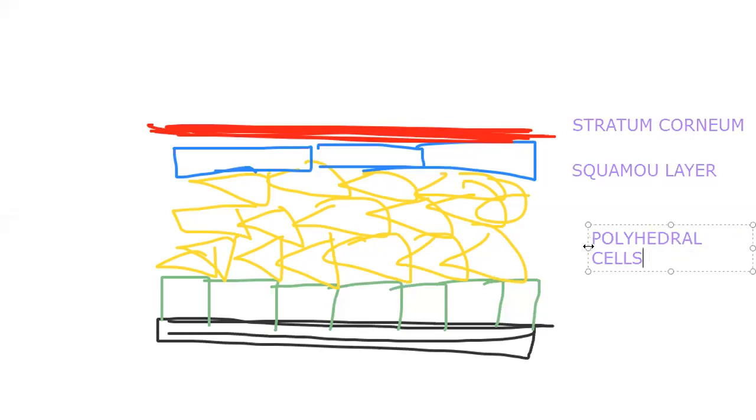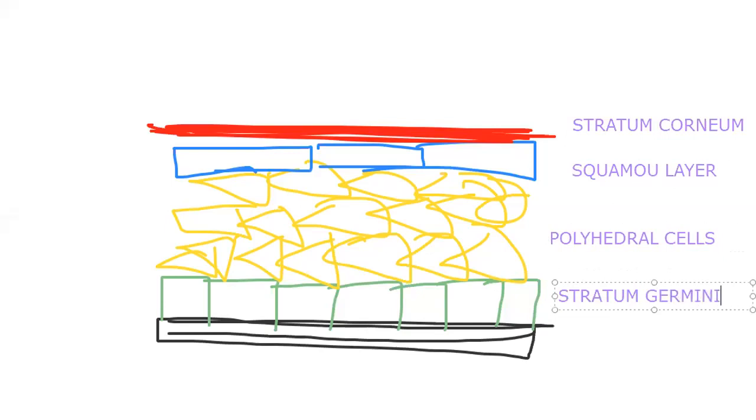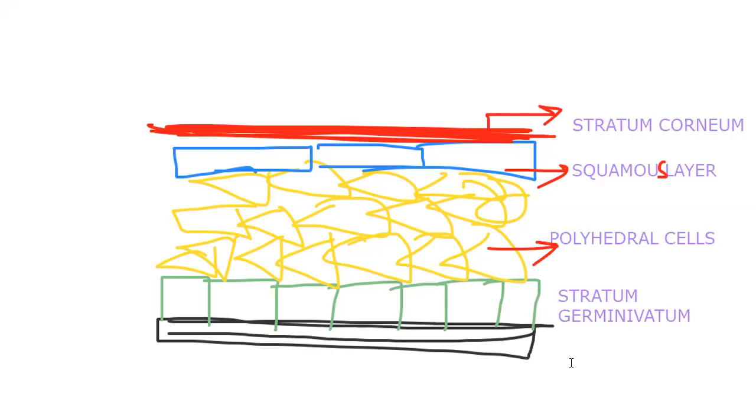Then this is called stratum germinativum, or germinal layer. So that's it: stratum corneum, squamous layer, polyhedral cells, stratum germinativum, and this is, as usual, the basement membrane.